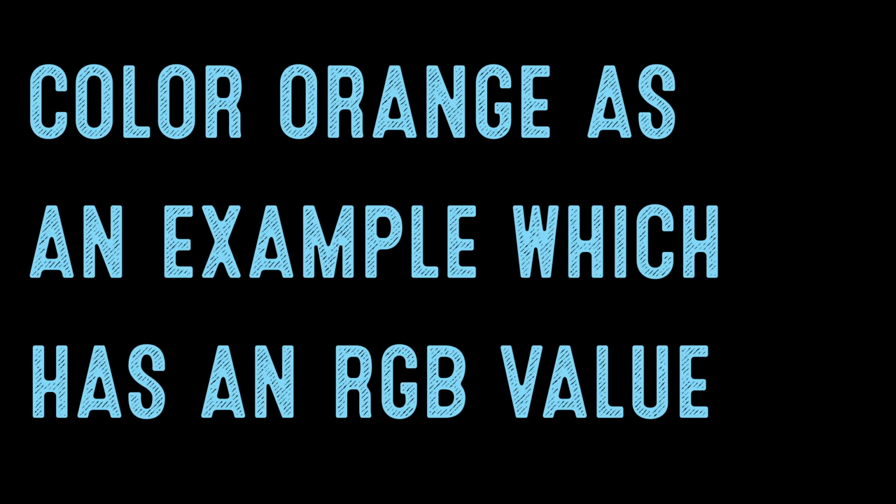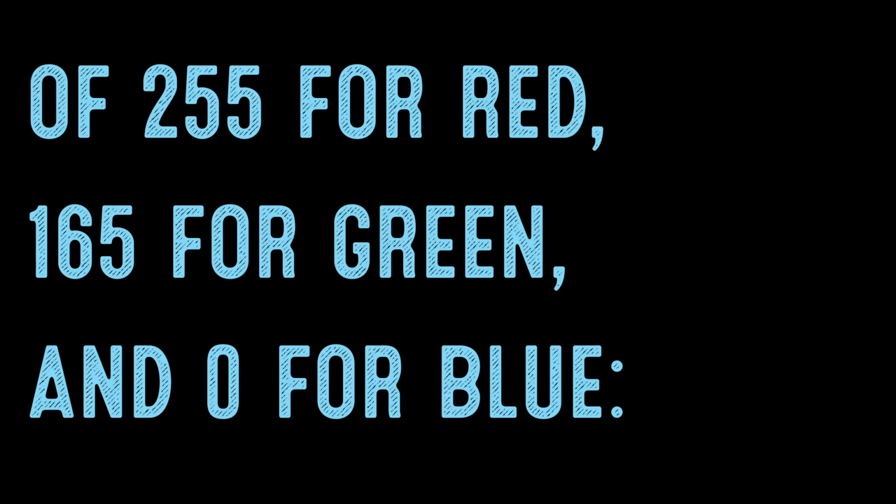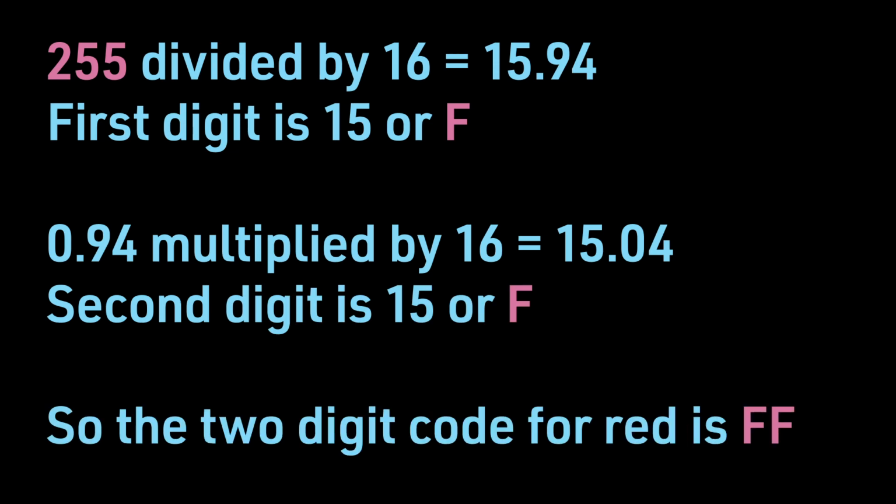So if we take the color orange as an example, which has an RGB value of 255 for red, and 165 for green, and 0 for blue, we would first take 255 divided by 16 to get 15.94.